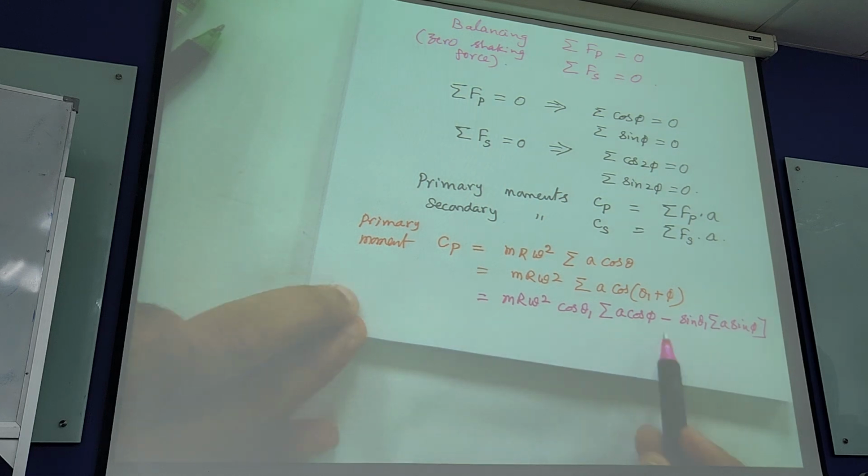Cos theta 1 and sine theta 1 are constant, so we bring them out of the summation. Now the summation has only A cos phi and A sine phi.